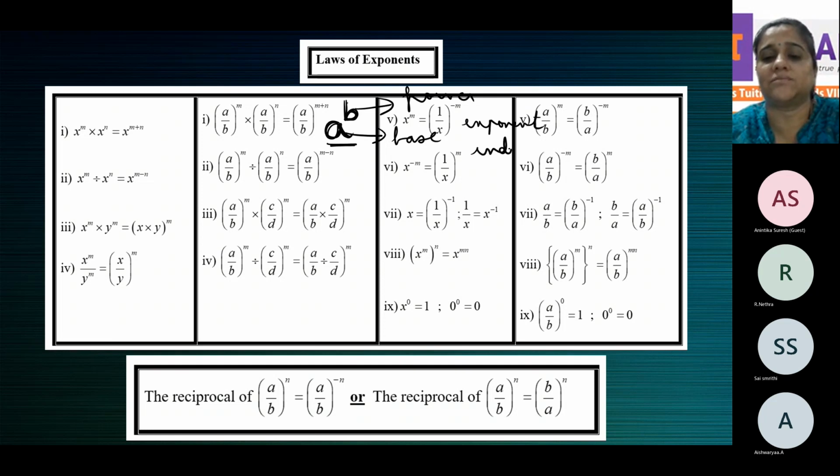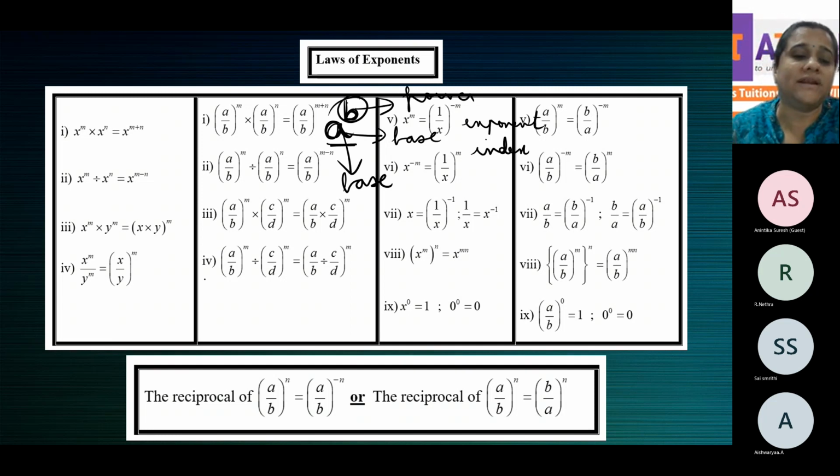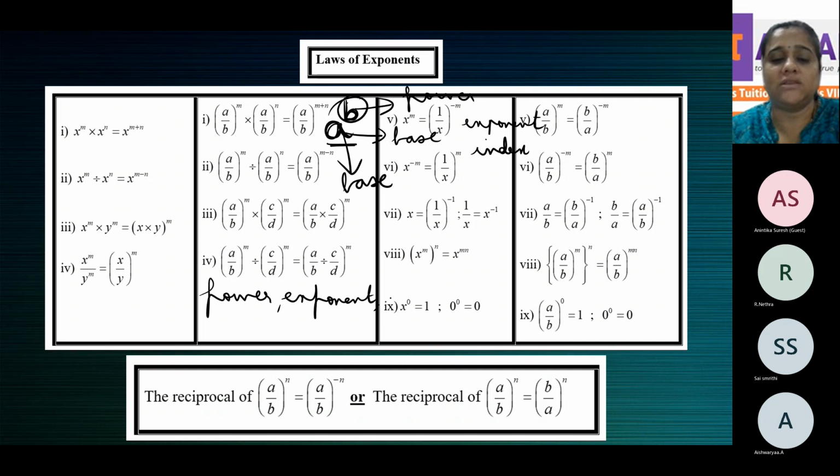So x raised to the power y, or simply x to the power y: x is the base and y is the power, exponent or index.